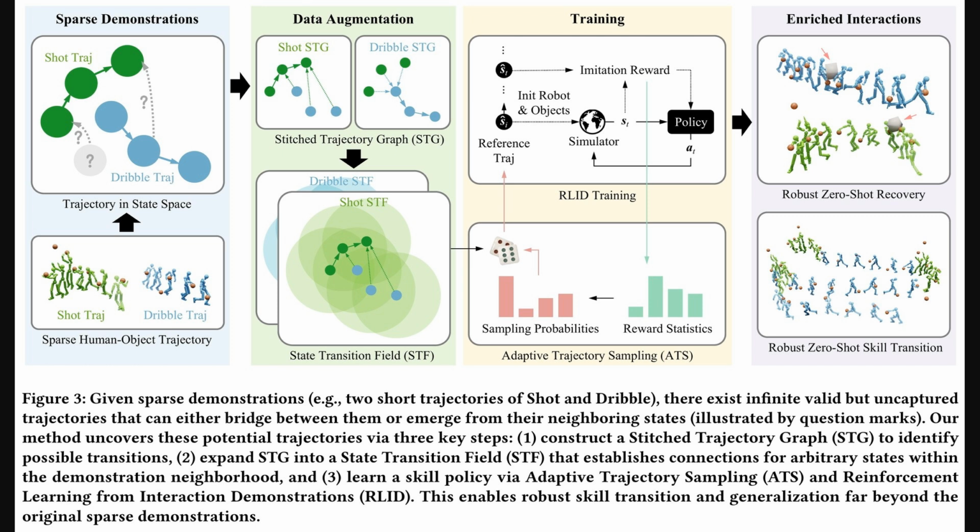Building on that, a state transition field essentially fills in the gaps, establishing plausible connections even for states not explicitly shown. Then, using reinforcement learning from interaction demonstration for the training phase, a process made smarter by adaptive trajectory sampling, which prioritizes tricky parts, the AI learns these enriched interactions, achieving robust skills.